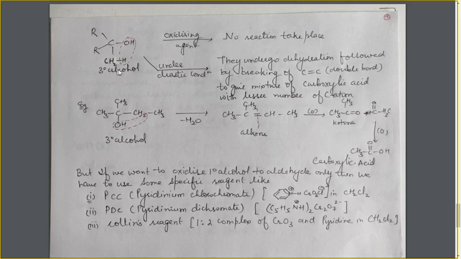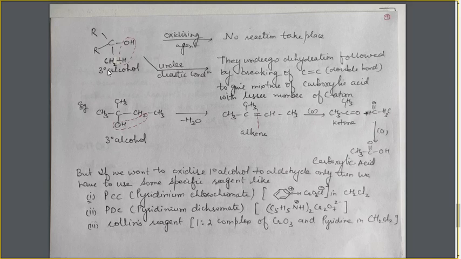But in case of 3 degree alcohol, there is no hydrogen atom on this carbon atom. So due to the absence of hydrogen atom at this carbon atom, the oxidation will not take place easily. So the above oxidizing agents which we have discussed in case of 1 degree and 2 degree alcohols will not work under normal condition to oxidize this 3 degree alcohol, due to the absence of this hydrogen atom.